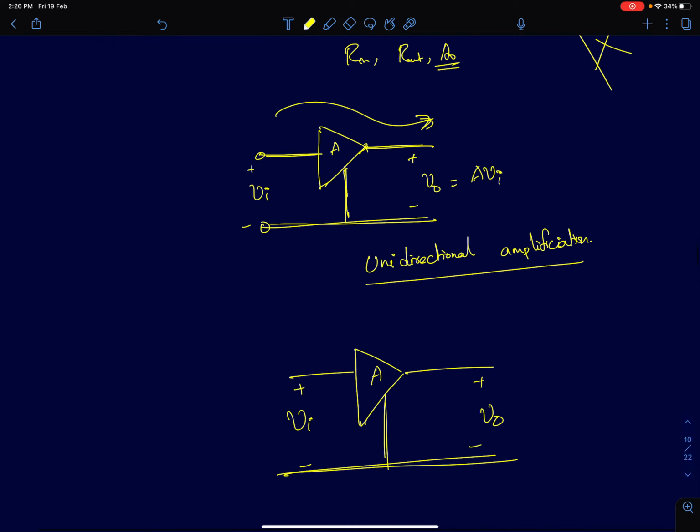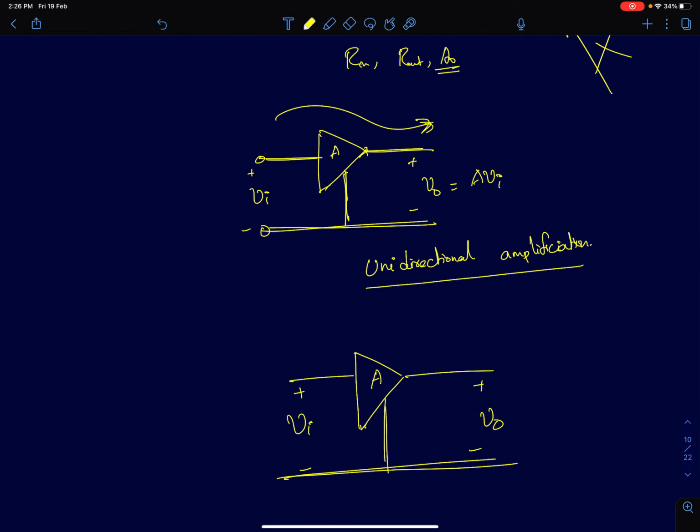I very briefly mentioned something here. So generally amplifiers amplify in one direction. If you apply an input at the input port, the output will be proportional to the input voltage, and amplification happens only in this direction. But if I apply an input at the output terminal, I will probably not see any voltage in response to this input at the input terminal.